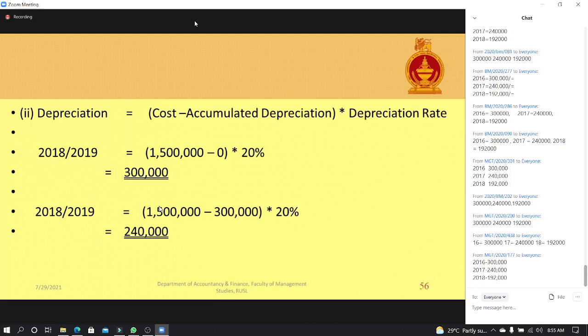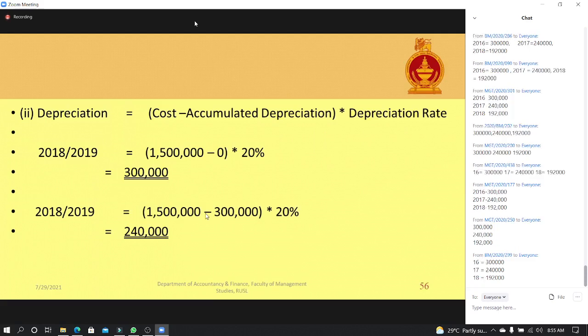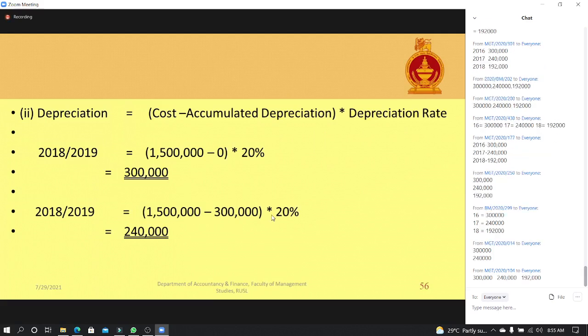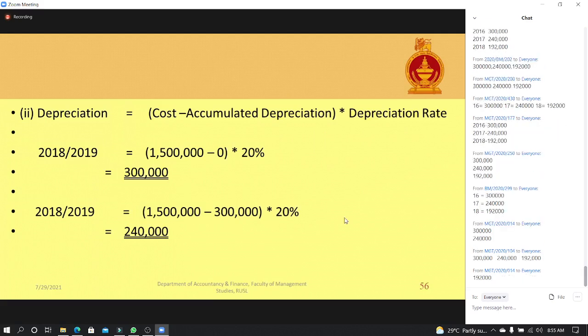In the second year, we have to reduce the accumulated depreciation 300,000 and multiply by this. So if you want further years, you can reduce 600,000 and multiply by 2%. We will see what your answers are.